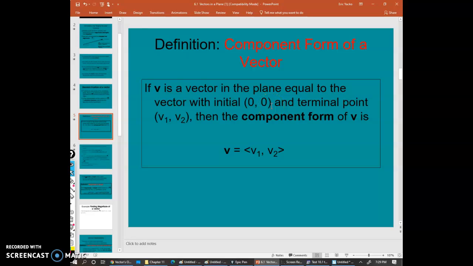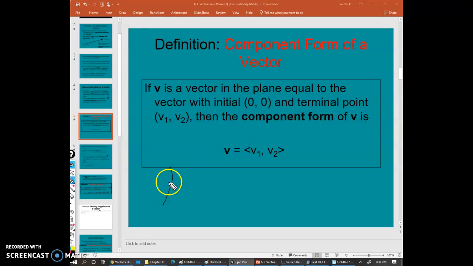Okay, a component form where the initial point is 0, 0 and it has some ending point v1, v2, okay? So when you see these little less than, greater than signs around a vector, you know this is the component form of the vector. So this vector is starting at the origin and going to point v1, v2.